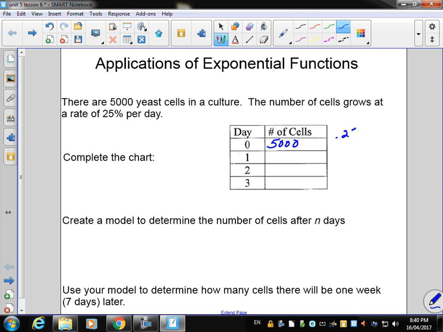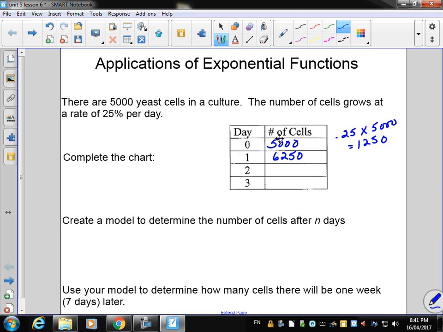So on my calculator, I'm going to do 25% of 5,000, which is 0.25 times 5,000, is 1,250. So the next day, I have another 1,250. So this is how many I have on day number 1.